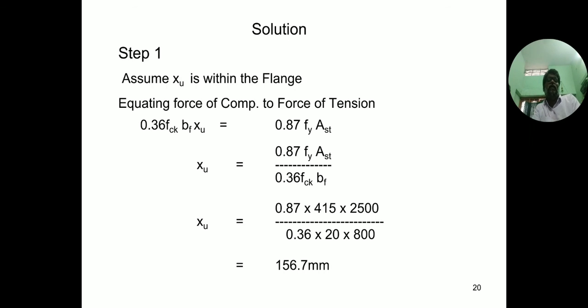The width of the web is not required when the neutral axis is within the flange. Note down: X is equal to 0.87 times 415 times AST 2500 divided by 0.36 times FCK 20 times BF 800, that is X is equal to 156.7 mm.